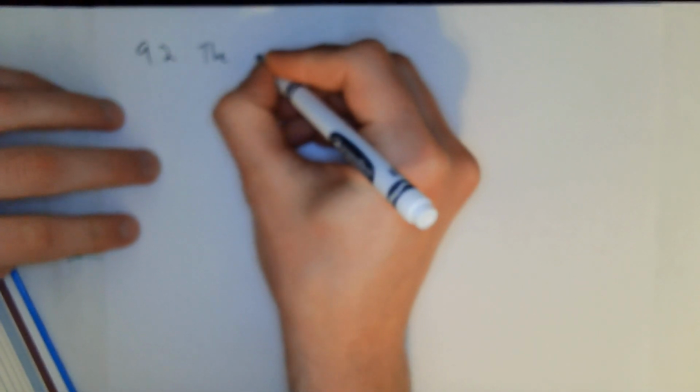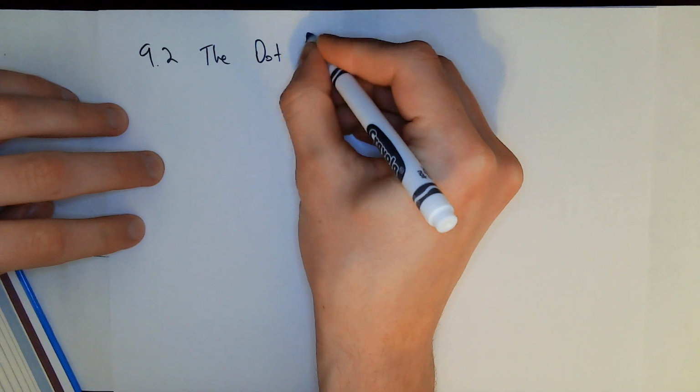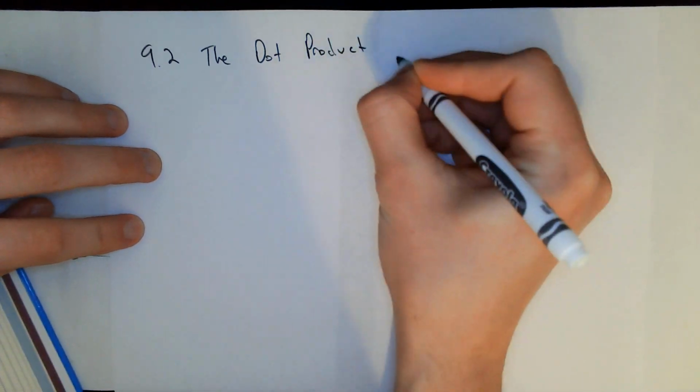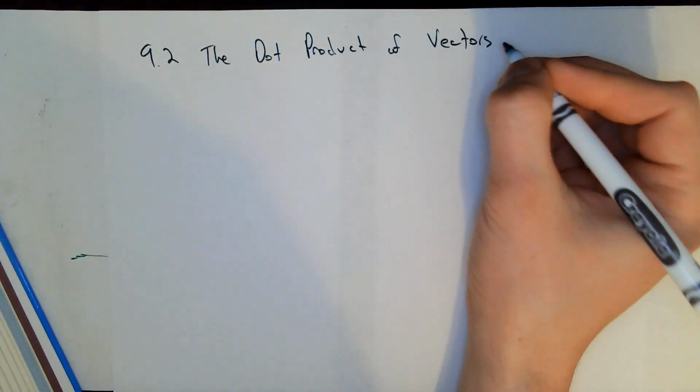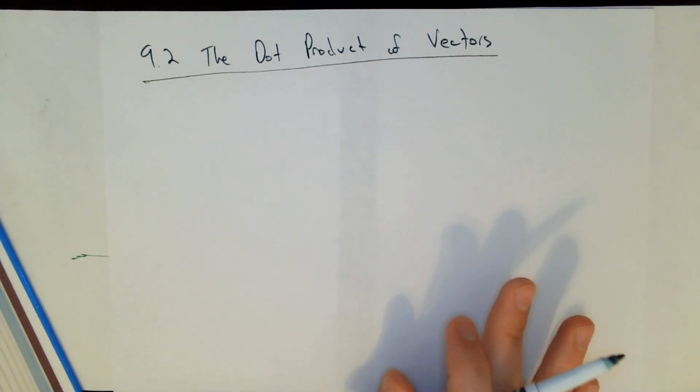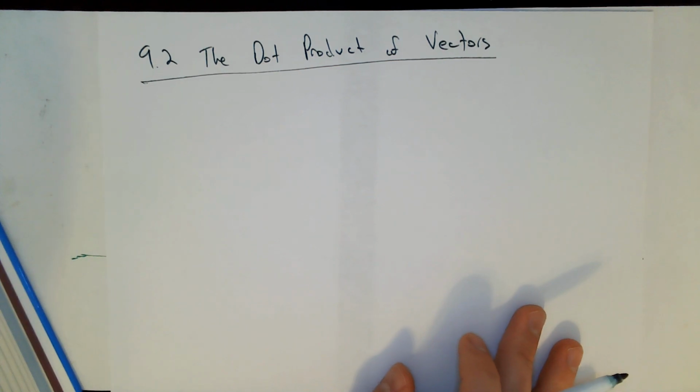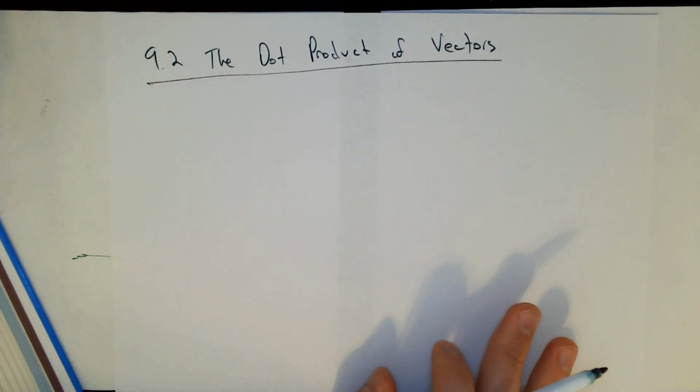So now let's actually get into 9.2, which is called the dot product. You've seen in the videos that I've posted that you can add vectors.